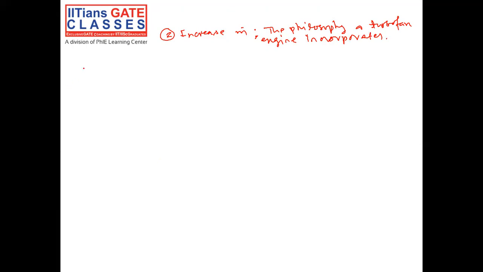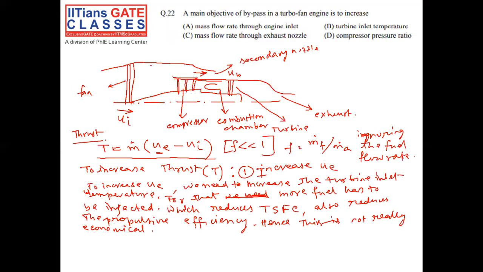Now in a turbofan engine, the fan of the engine sucks a huge amount of air from the atmosphere, and a percentage of that air passes through the core engine, which is the compressor, combustion chamber, turbine, and then the exhaust nozzle, and the other fraction of the air passes through the secondary nozzle, and this secondary nozzle accelerates that air, and it helps in producing more thrust.